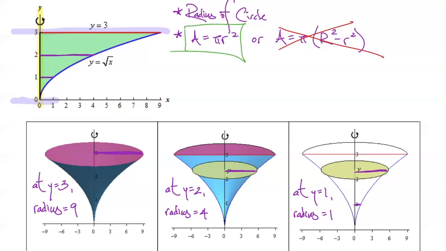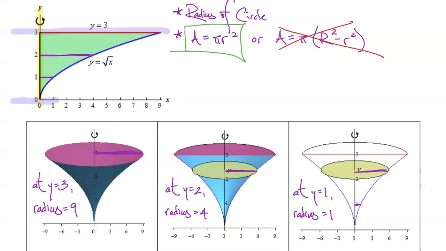Ooh, x equals y squared. Okay, well, let's try that out. 3 squared gives me 9. That looks good. 2 squared gives me 4. That works out. 1 squared gives me 1. That also works out. Okay.